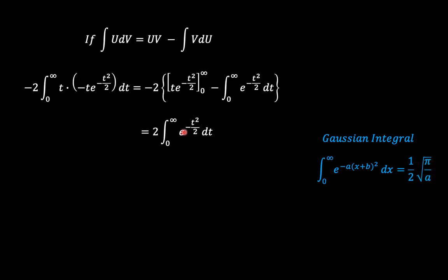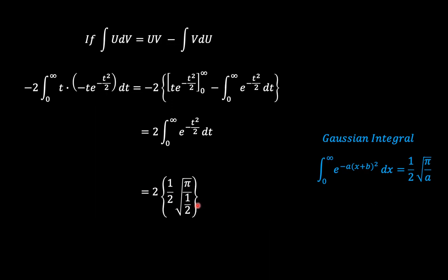Here, our a is half, our b is 0, and so our answer is going to be keeping this constant twice, and then keeping this half here, half times the square root of pi over a.